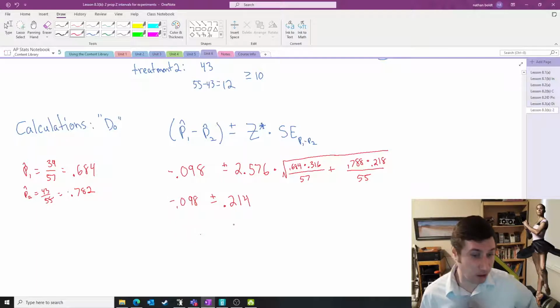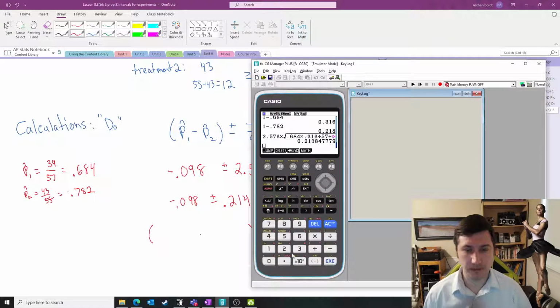It's kind of nice, and that's almost a confidence interval in and of itself, but they do want the interval, so let's actually add and subtract to get our interval here. So we have negative 0.098 plus 0.214 and negative 0.098 minus 0.214.